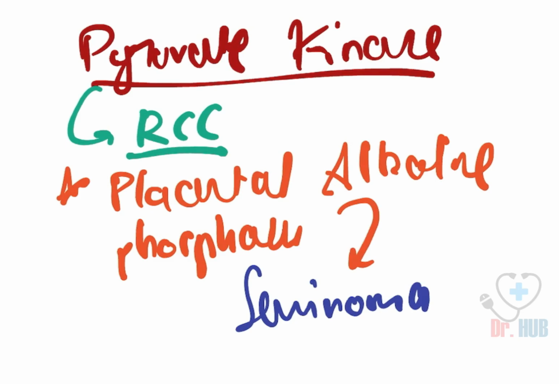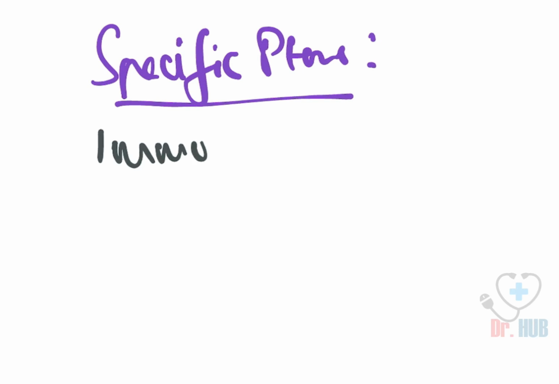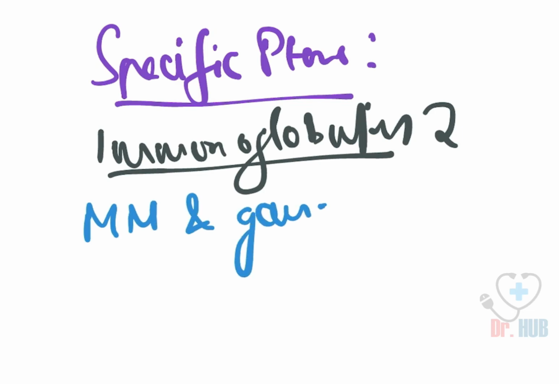And now we are looking at some specific proteins. Under this, the immunoglobulins. This is seen in case of the multiple myeloma and the gammopathies.